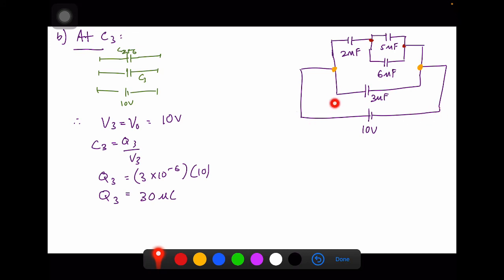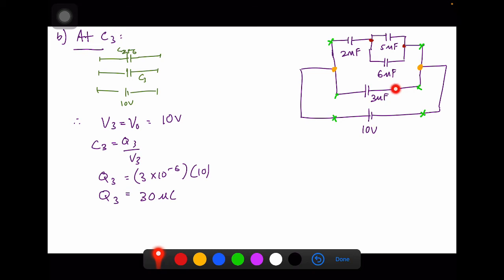So that means over here and over here is also, I just label it, 10, 10, and 10 volt. So I found the voltage here, V3 is equal to 10. That means I can find Q3 straight away. I got 30 microcoulomb.